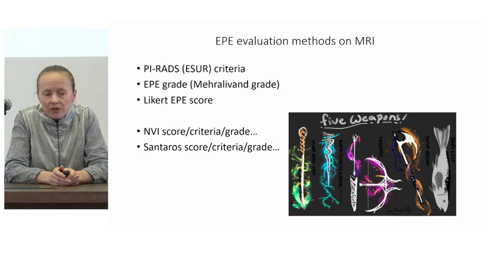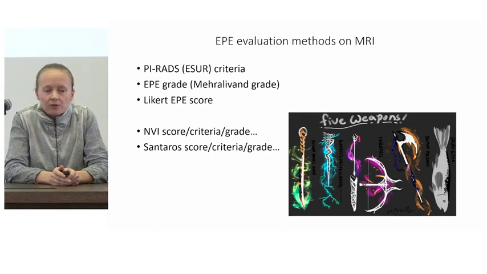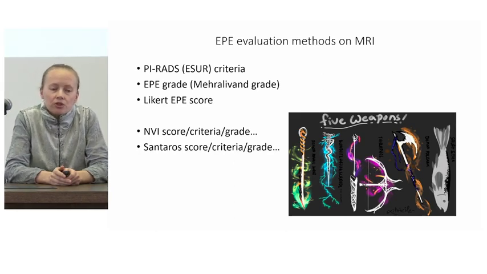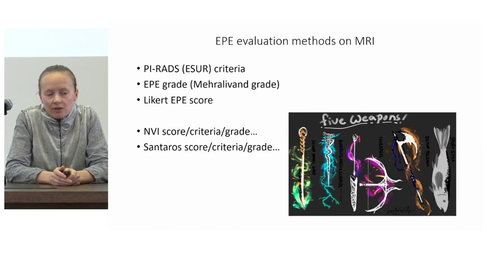The well-known PI-RADS, promoted by the European Society of Uroradiology, a newer EPE grade by Mehralivand, and the less known Likert EPE score. But actually, while all these scores and grades are not in guidelines, every institution might have their own score criteria or grade. So NVI might have their own, and Santaros clinics their own.